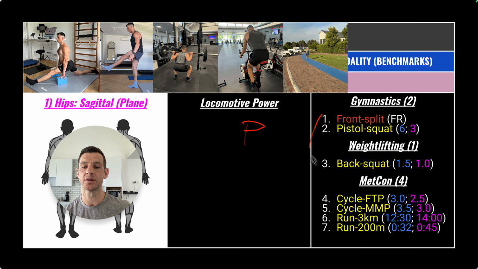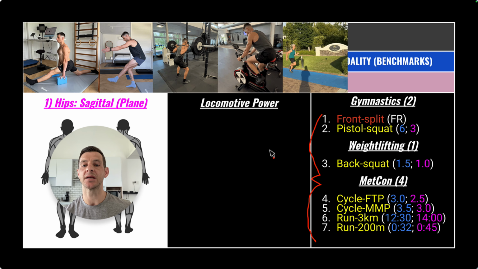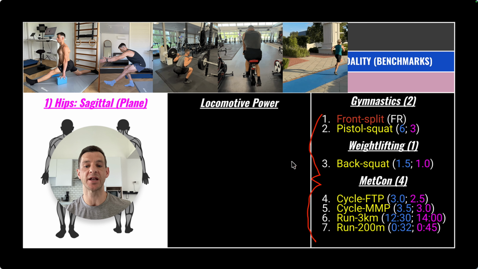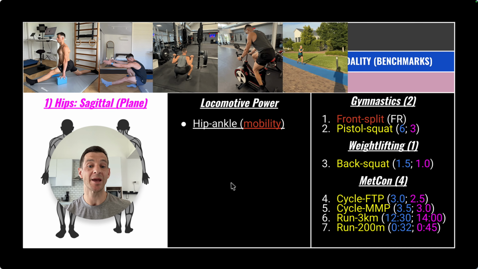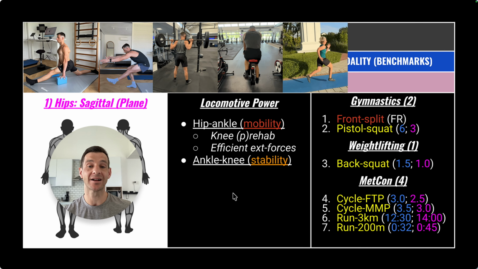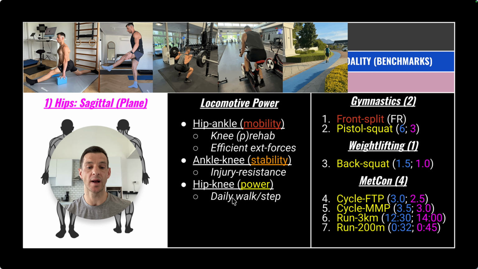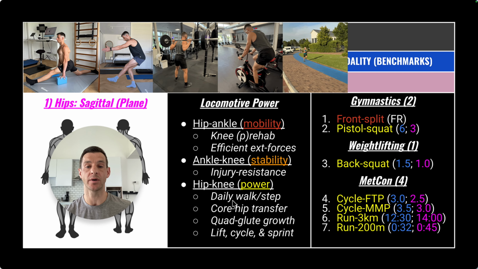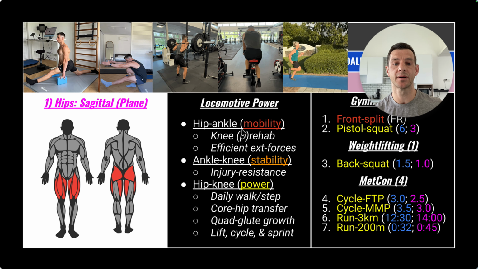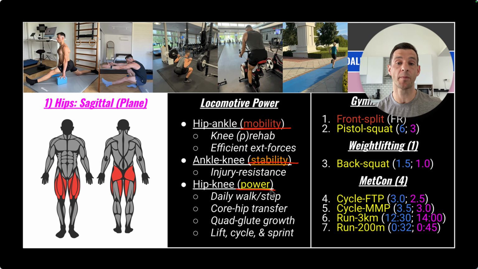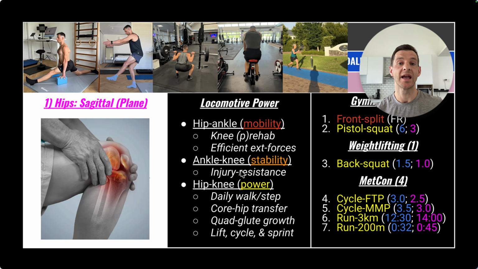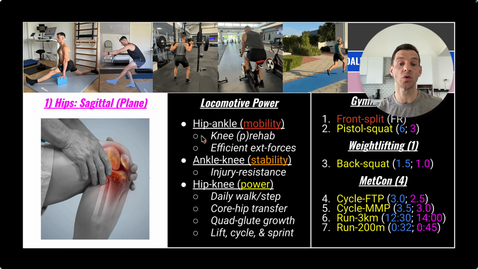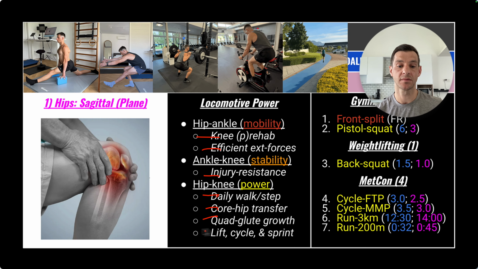If we are to sustainably achieve all 7 of these benchmarks, the best way to do that is for us to spend time on hip and ankle mobility, ankle and knee stability, as well as dynamic hip-knee power. Now, whether we develop mobility, stability, or power within a single routine or in isolation, it will allow us to capitalize on all 7 of these benefits.